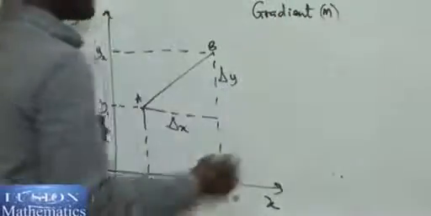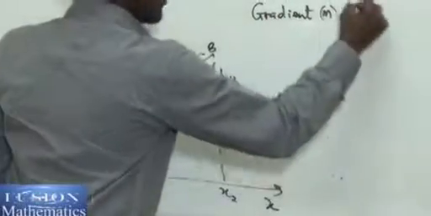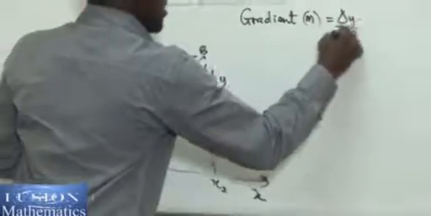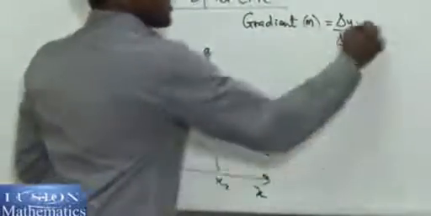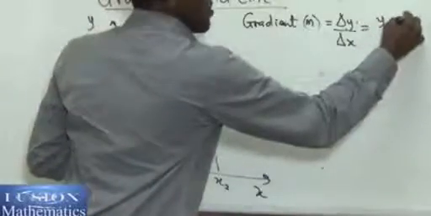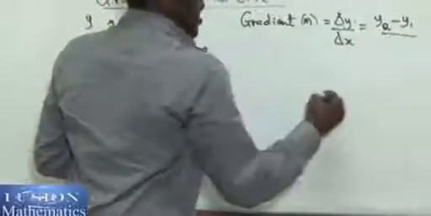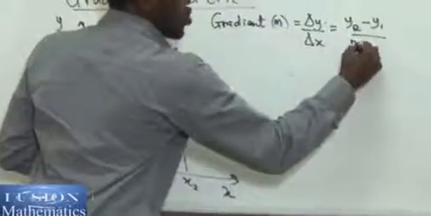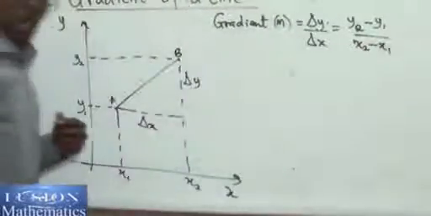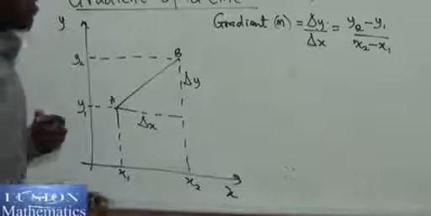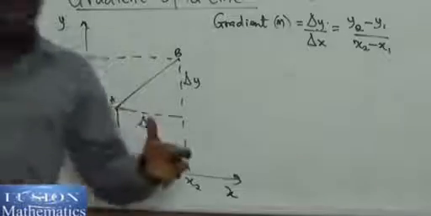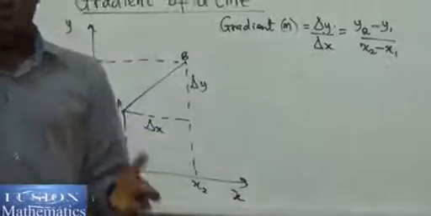Now, for our gradient, m will be equal to change in y over change in x. Change in y is the same thing as y2 minus y1. And for x, x2 minus x1. Now, sometimes gradient is also called slope.